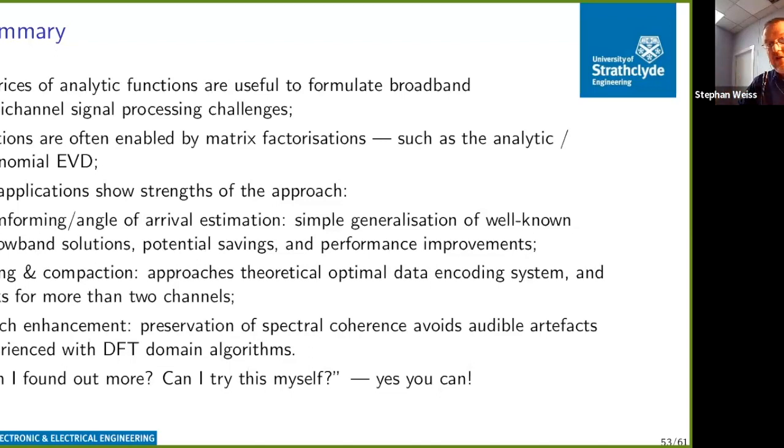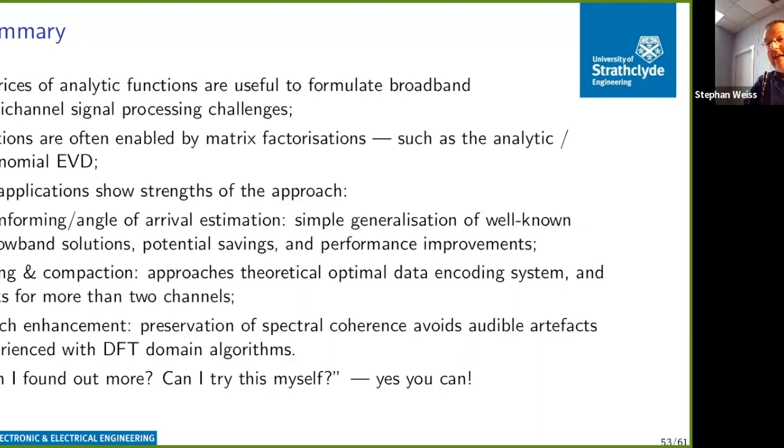What I have not shown you is that in the context of coding and compaction, there are actually advantages in terms of what you can do now. Traditionally, there's been a limitation of optimum compaction filter banks to only 2 channels. With the polynomial matrix methods, we can actually go beyond 2.